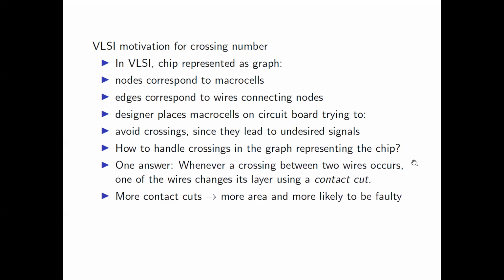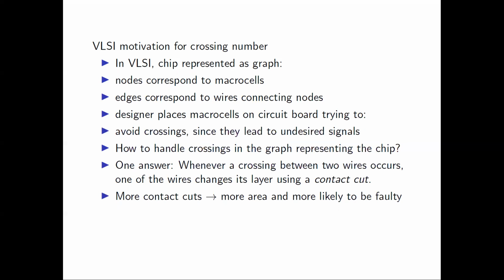And if you do many contact cuts, this forces your chip to use more area, and this makes the chip also more likely to be faulty. So you don't want to use many contact cuts. It's good to use as few contact cuts as possible.